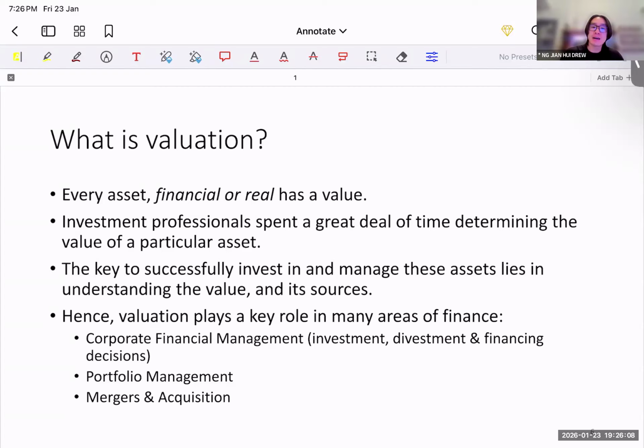Given that we're in a finance module, we are trying to determine the financial value of a financial asset. So in this module, we'll focus 100% on stocks. We're not going to cover things like bonds and derivatives, which are a separate module.